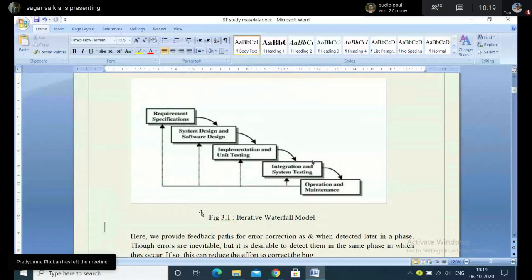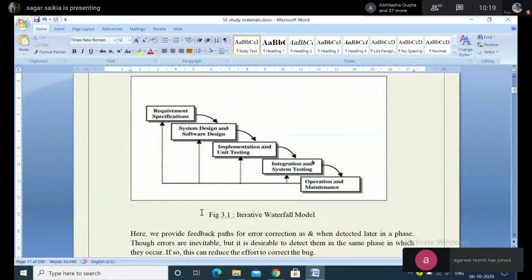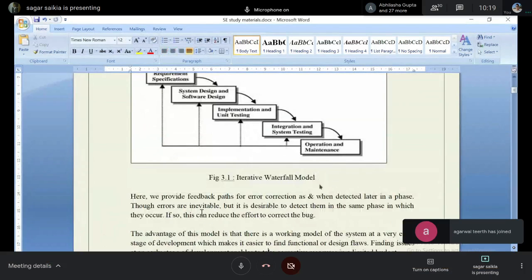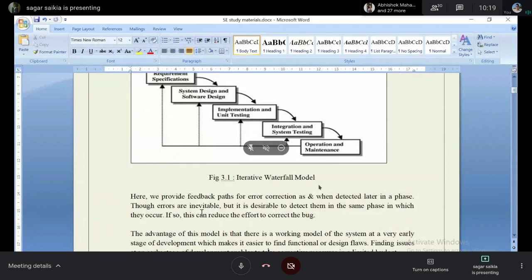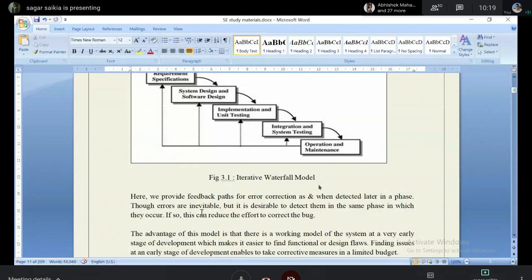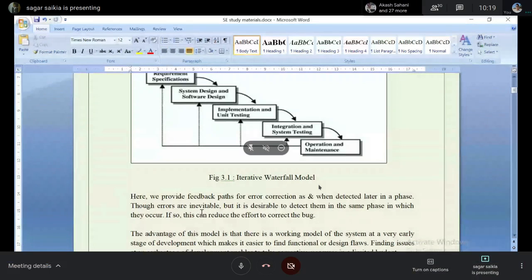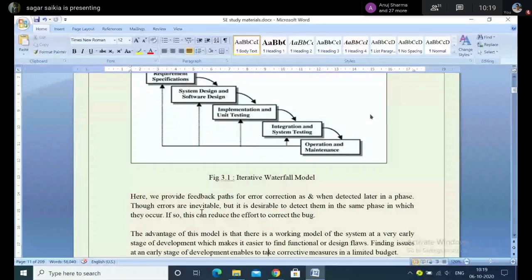So basically, when we say iterative, what do you mean? Can anyone say? What is iterative? You must have come across this word very often, isn't it?